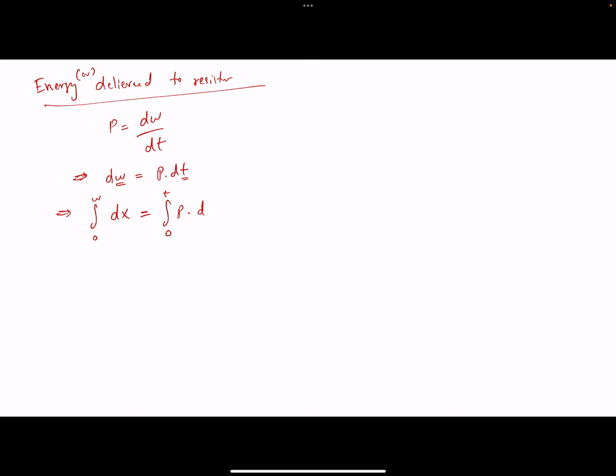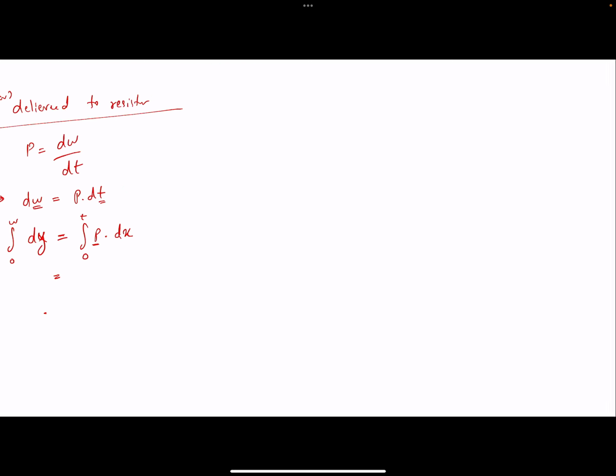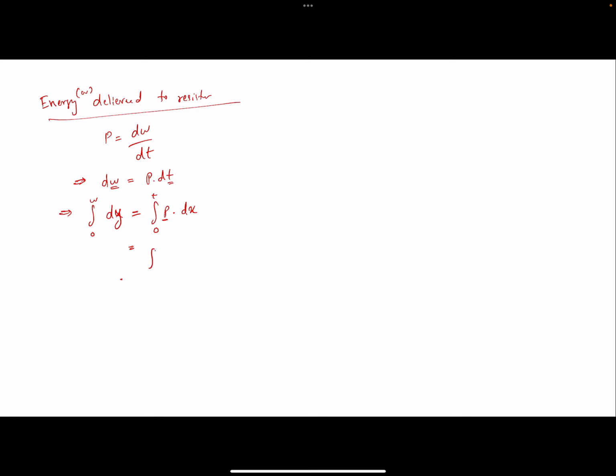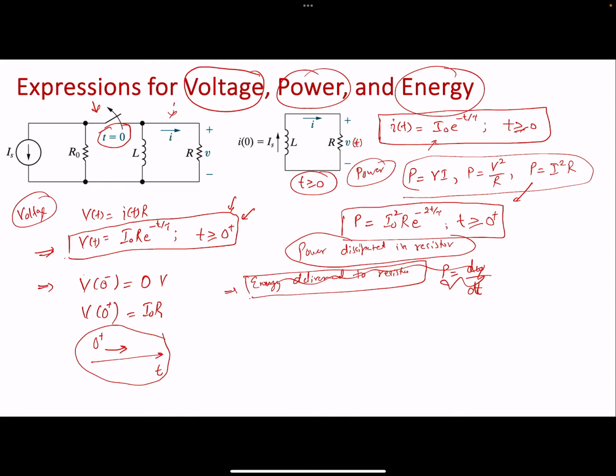I'm going to replace this variable as well, and I'm going to call it, for example, x or y. Let's call this y and this x. It doesn't matter. We could have done it the other way as well, but I want to put the expression for the P over here too, right? So 0 to t, and the expression of P is coming from here.